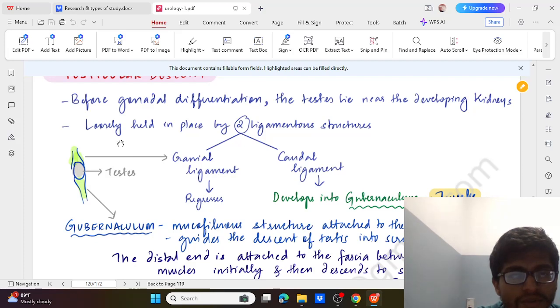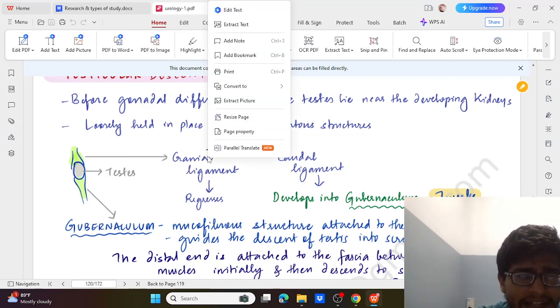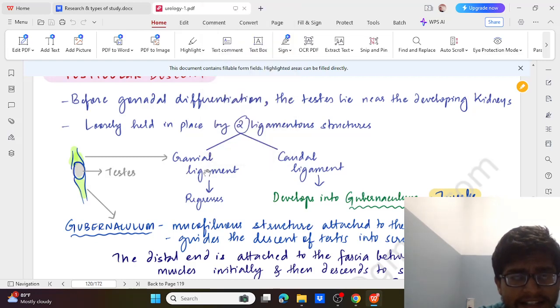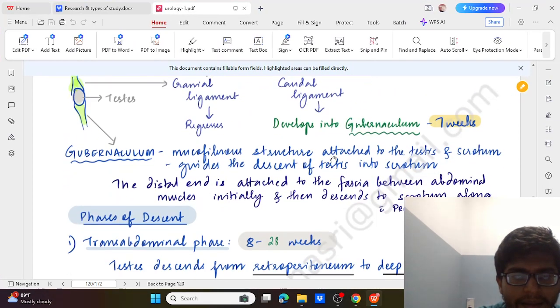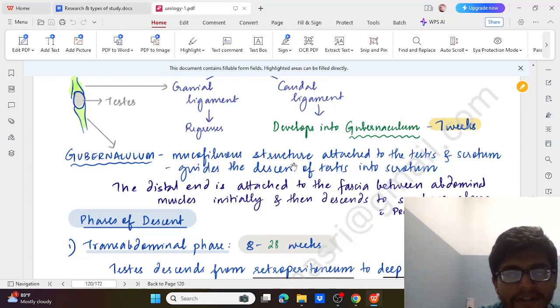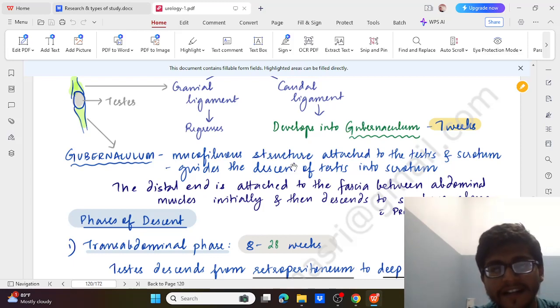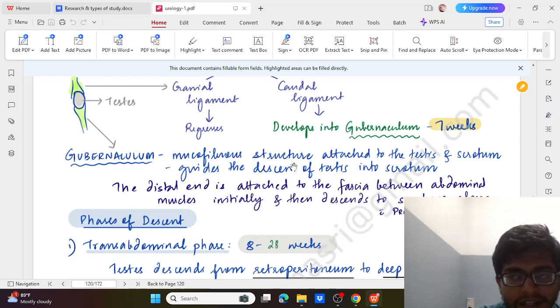There it is loosely held by two ligaments, that is the cranial ligament, which regresses, and the caudal ligament, which develops into the gubernaculum in the 7th week. The gubernaculum is a mucofibrous structure that is attached to the testis and scrotum, and it guides the descent of testis into scrotum. So it takes the testis along with it to the scrotum.